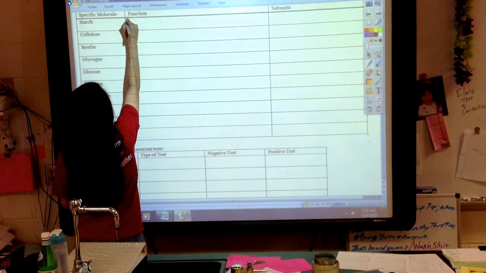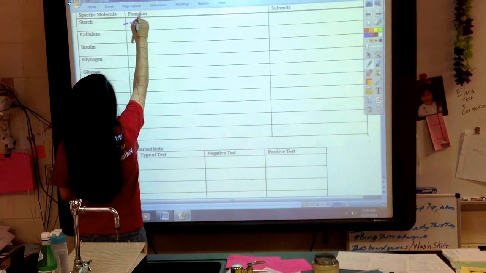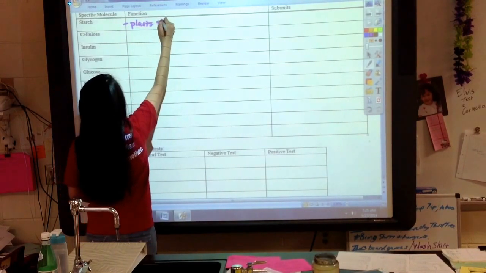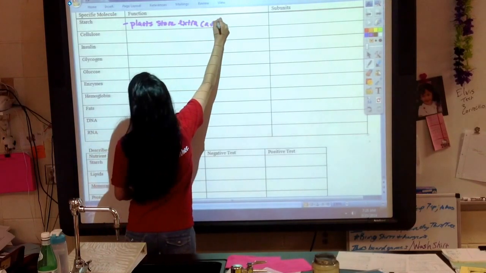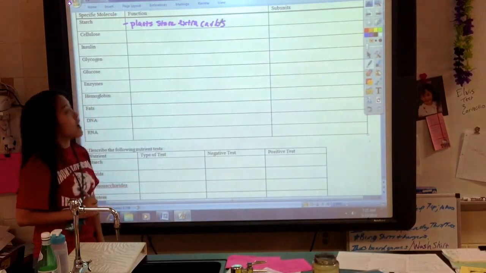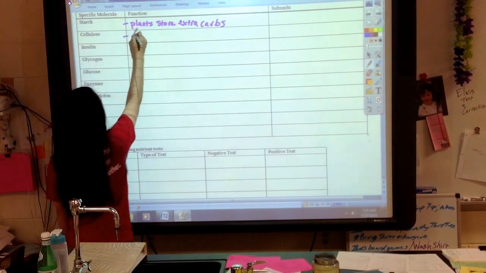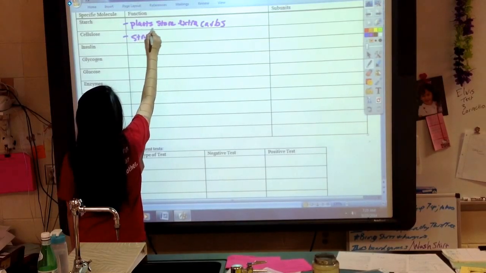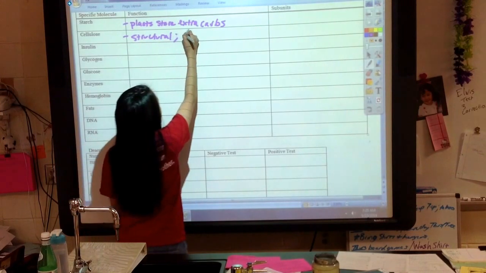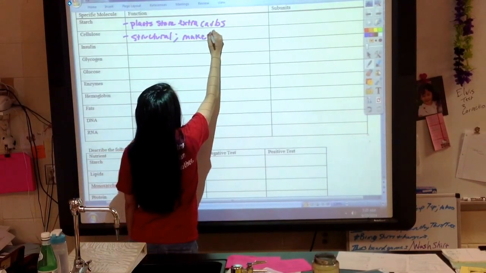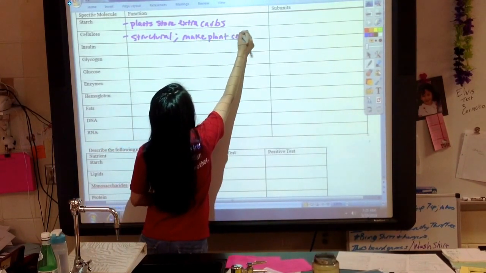Starch is actually going to be a way that plants store extra parts. You'll have cellulose, and this actually is a structural molecule that's going to help make the plant's cell wall.